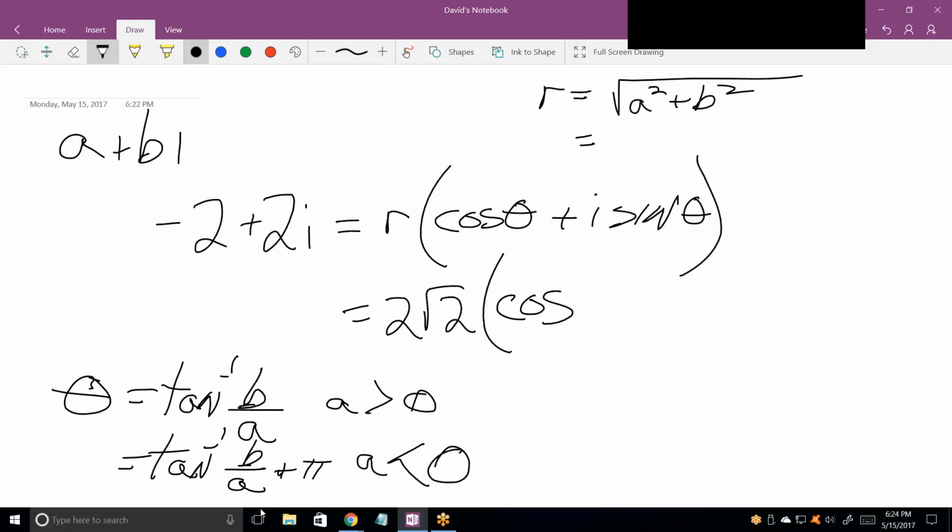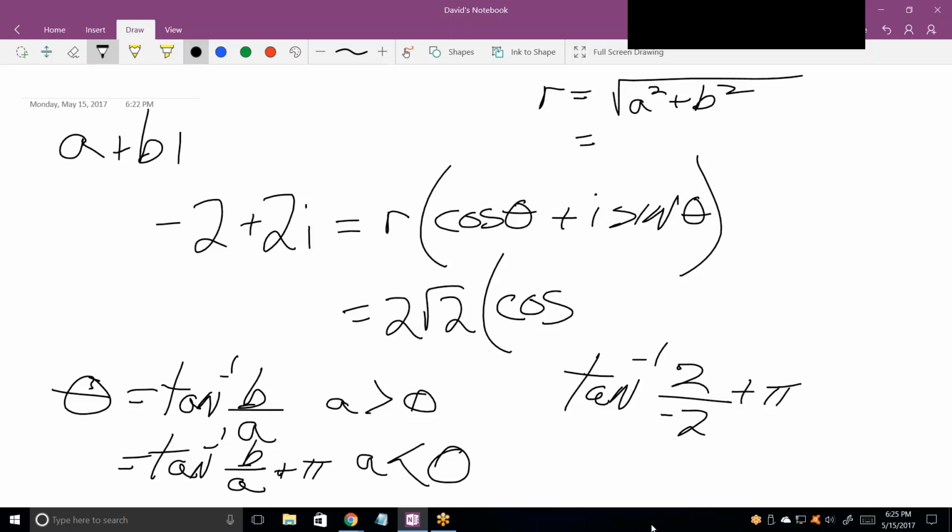Usually you care about b over a, whether that's positive or negative. It's rare that it's just the denominator that we care about. Well, what is the inverse tan of 2 over minus 2? Or, excuse me, plus pi, because the denominator is negative.